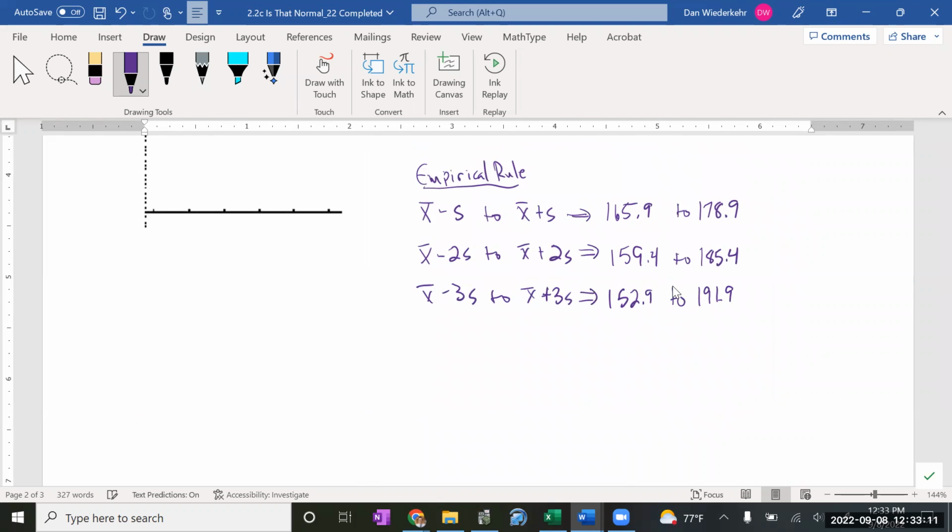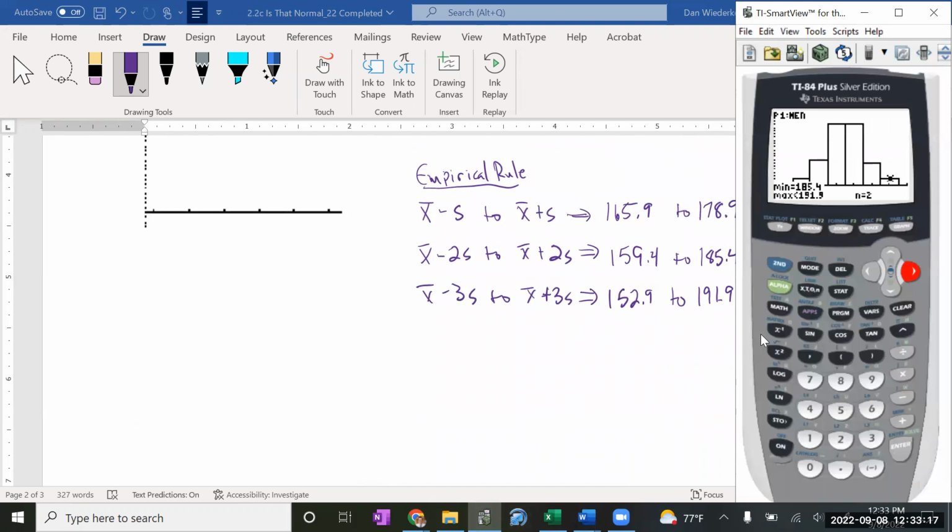So within 1 standard deviation would be anything from 165.9 to 178.9. You could count those out on the paper. If you sort the data, you could sort in ascending order and then select your list that you want to sort.